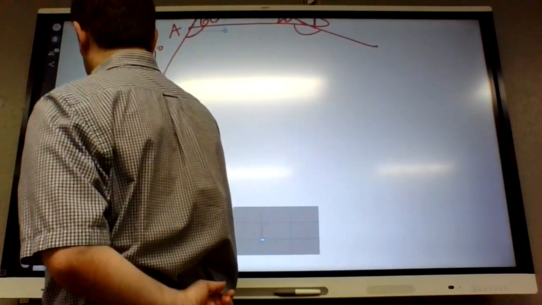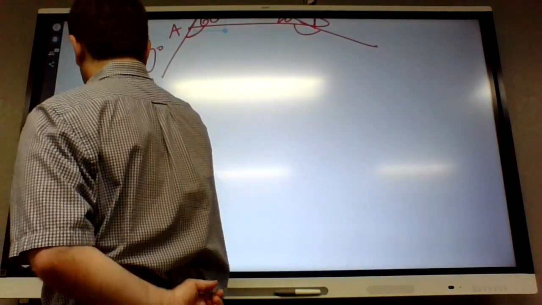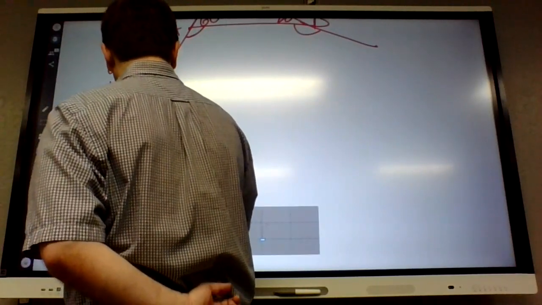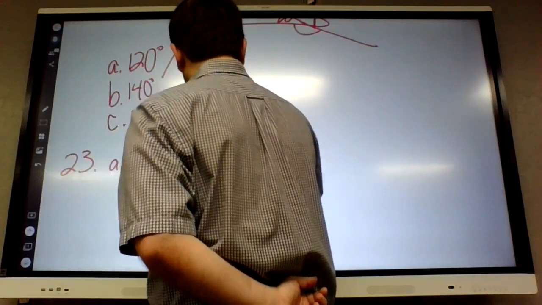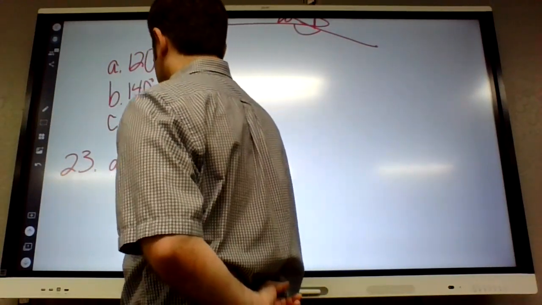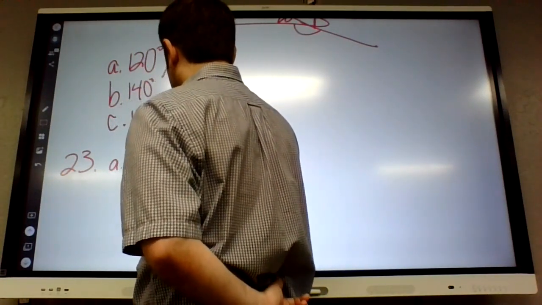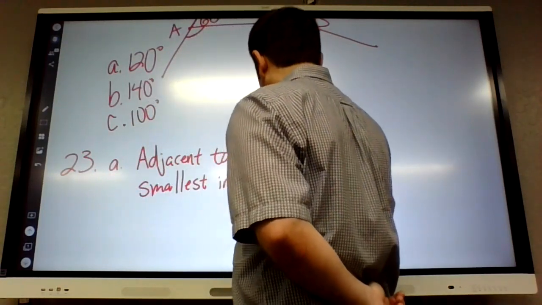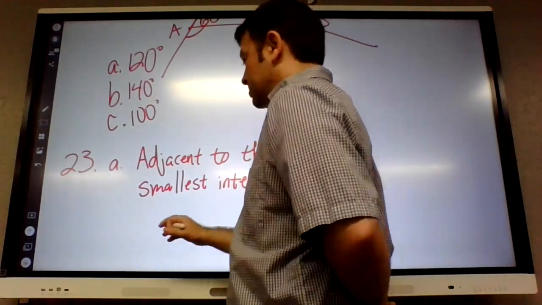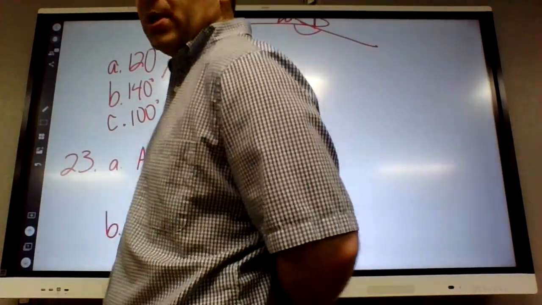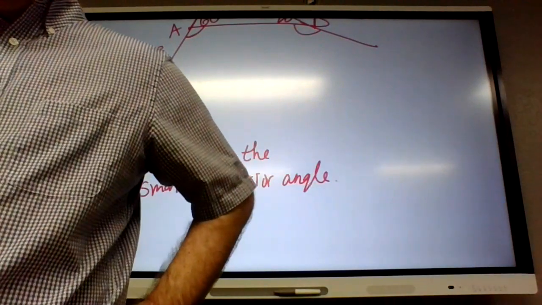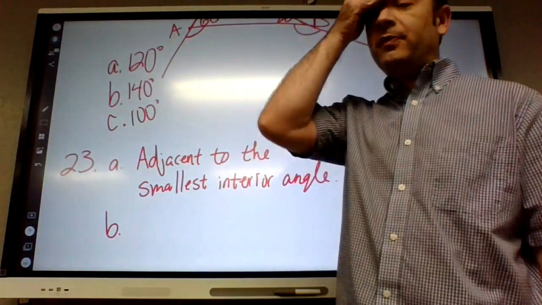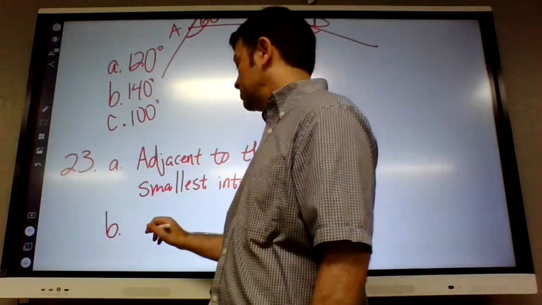Adjacent to the smallest interior angle. Okay, kind of the same question. Where's the smallest exterior angle going to be found? Adjacent to the largest interior angle.